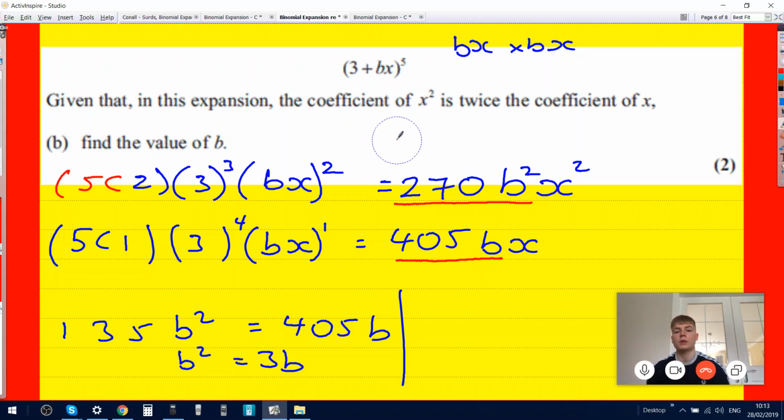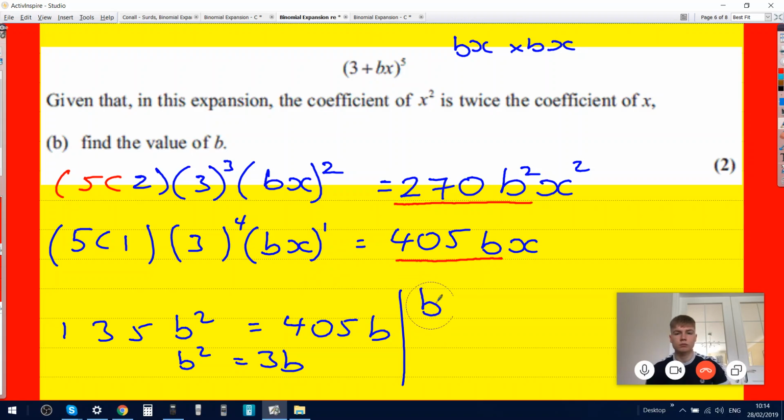Would you square root the other side, or could you not do that? No. I don't know, because there's 2 B's in there. You have a quadratic. How do you solve a quadratic? Factorize.